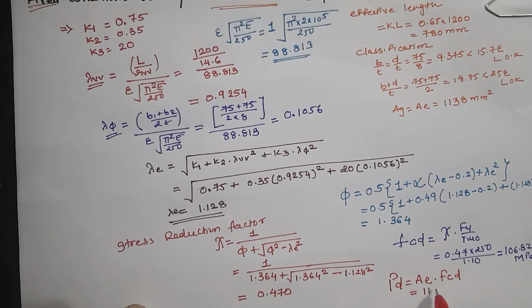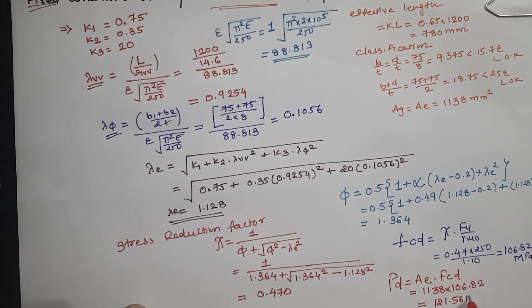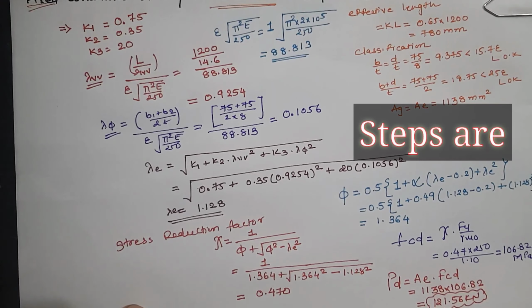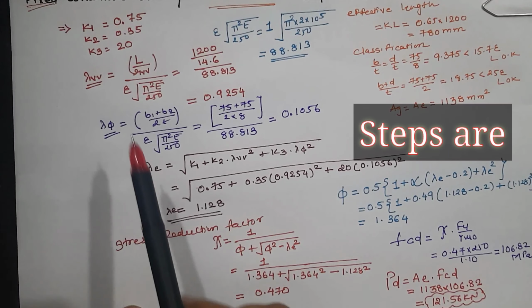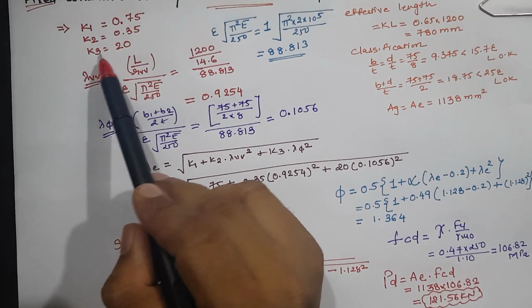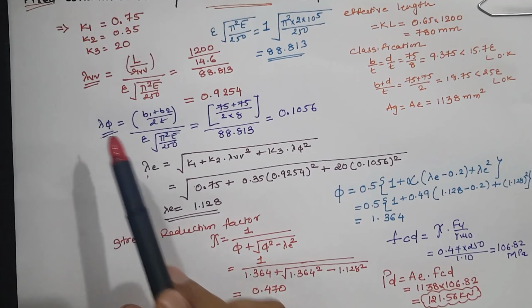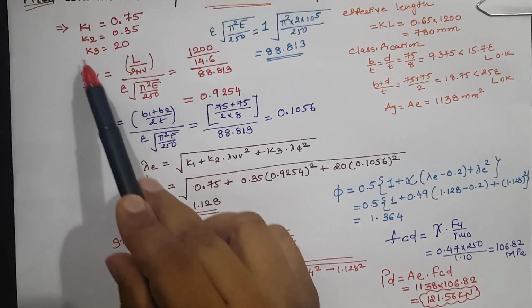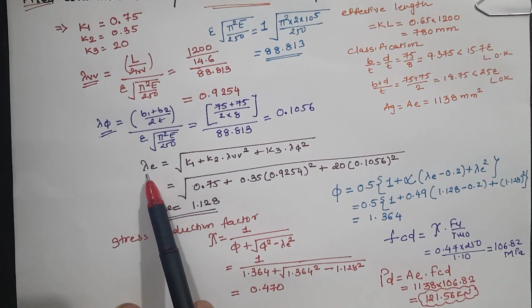Now the effective area is 1138 and FCD is 106.82, which gives 121.56 kilonewton. It means we have to find lambda E in terms of lambda VV, lambda phi as well as the K1, K2 and K3 factors. After getting lambda phi, lambda VV and all the factors, we get the lambda E value.